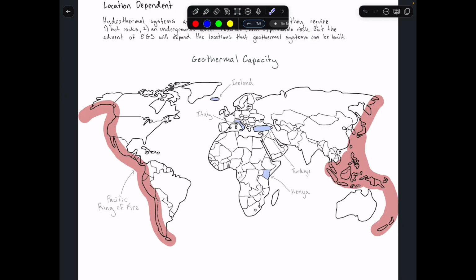Now, a few other countries that, because of various other factors about their geography, also have geothermal capacity are Iceland, which I mentioned before, Italy, Turkey, and Kenya. So if you're interested in that, you can look into the geothermal resources in those countries as well.